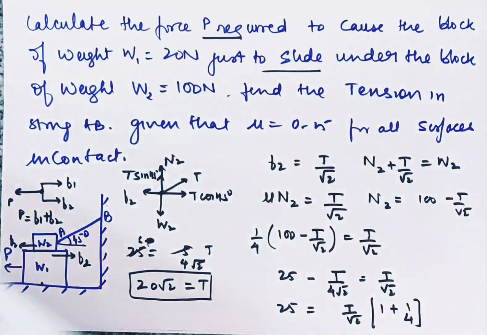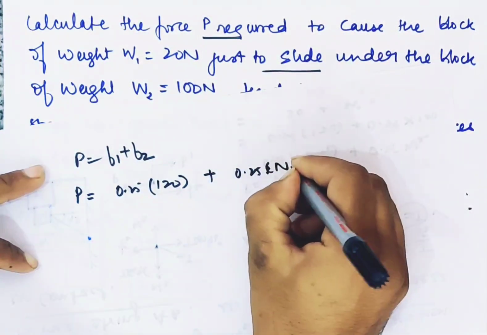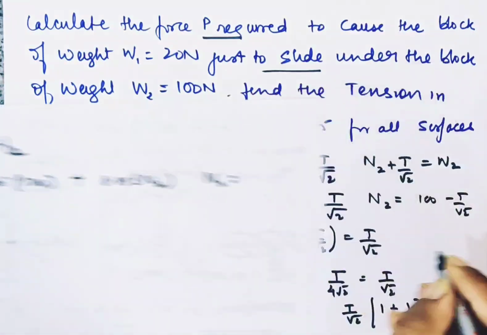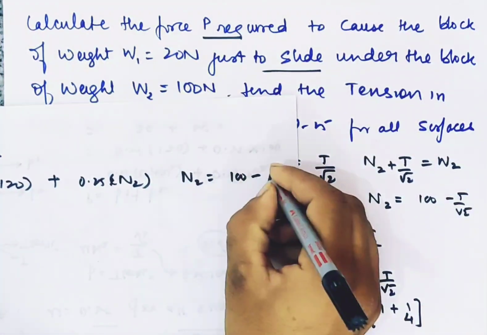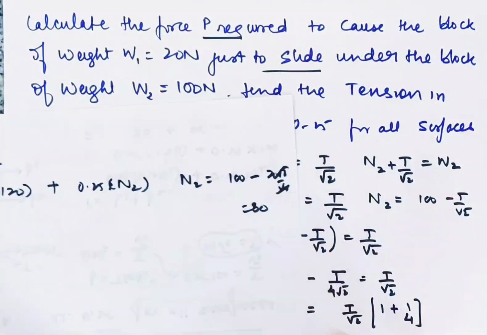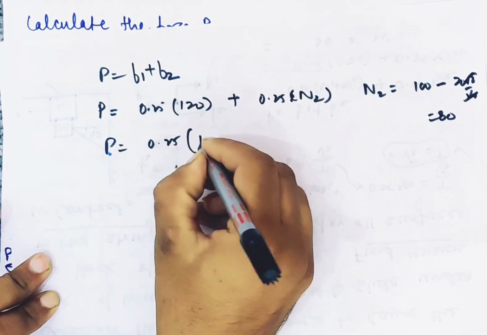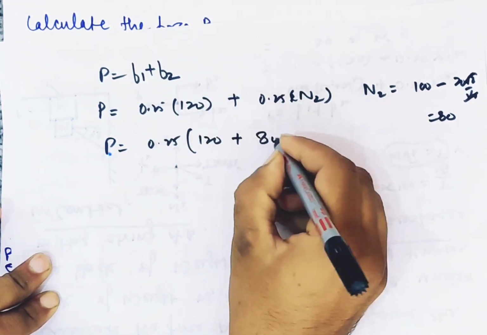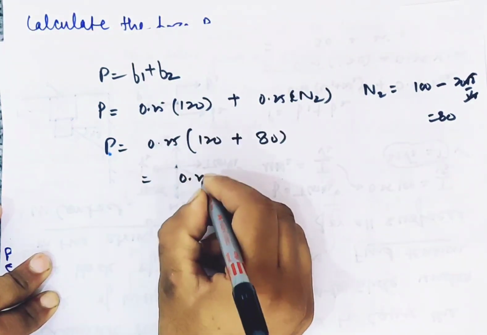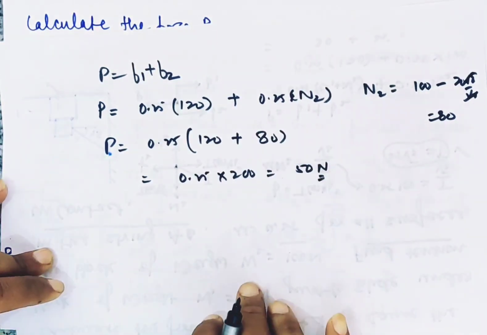So N2 can be calculated from here, 0.25 times N2, where N2 is 100 minus T by root 2, 20 root 2 by root 2, that is 80. So we have P equals 0.25, we can take common, 120 plus N2 is 80, that is 0.25 into 200, we get 50 Newton. That is the answer to the question.